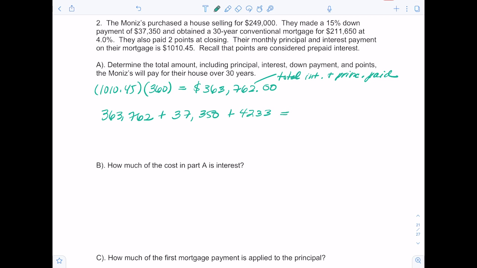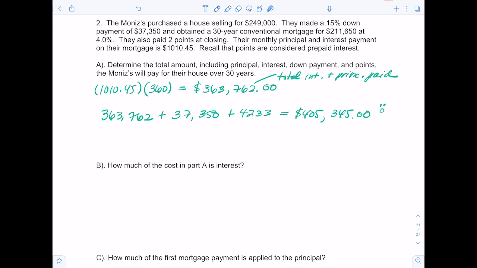And that comes out to $405,345. So remember that the house sold for $249,000 and the mortgage was for $211,650. In the end, they're going to be paying $405,345, right? So we know that if you compare, they are very far apart.